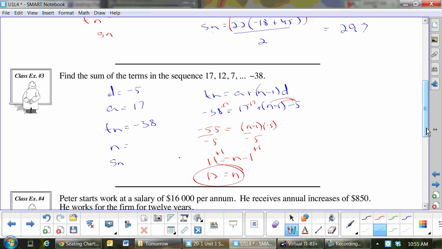Now, which formula can we use? First one or second one? First one? Can we use the first one? Yeah, you can use both at this point because we know Tn and D. In the first class, they all picked, no, use the first one, right? They didn't recognize you can use both.